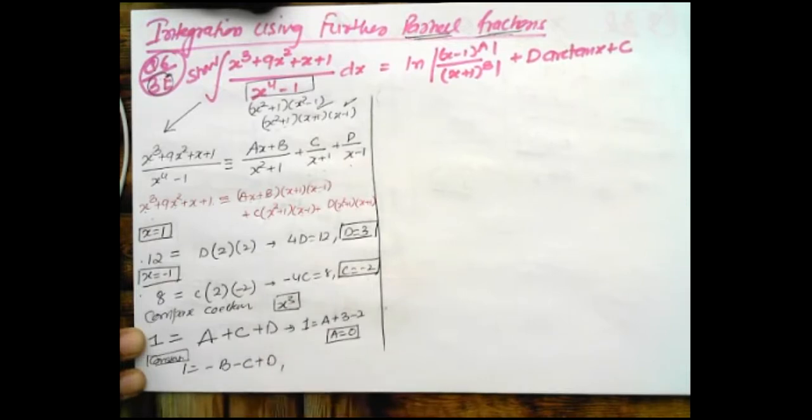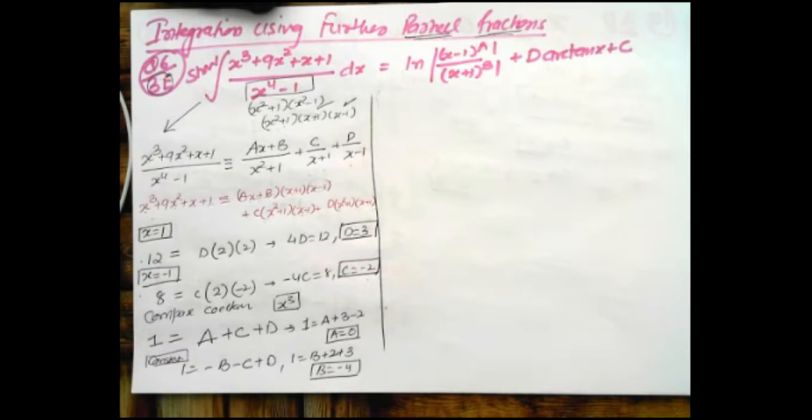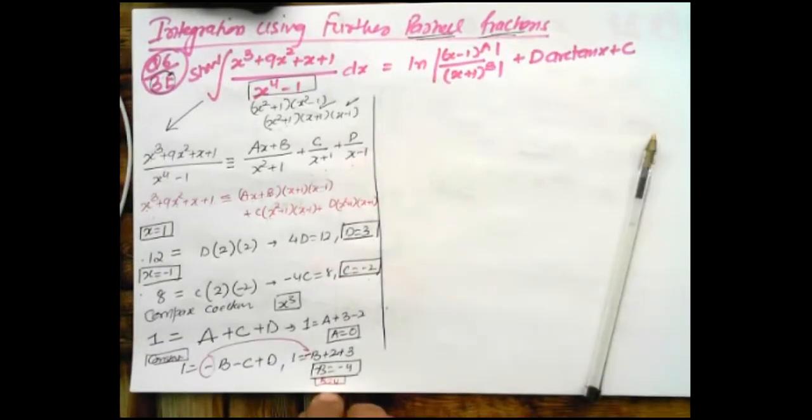So let's see if we get something over here. So 1 is equal to b minus c, which is b plus 2, and plus d is plus 3. So I'm looking like b is minus 4. Check for me; I'll ask you to pause and check if these partial fractions are correct or not. Thank you. I'm glad I stopped myself and checked again. I've made a mistake. There was a negative b, so it's negative b there, and b equals positive 4.